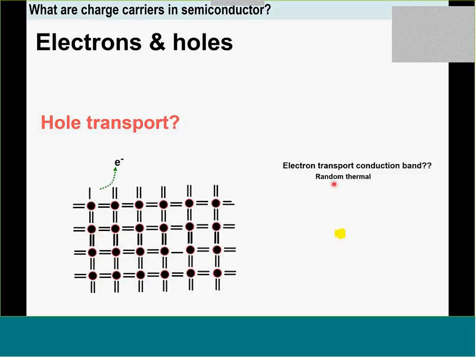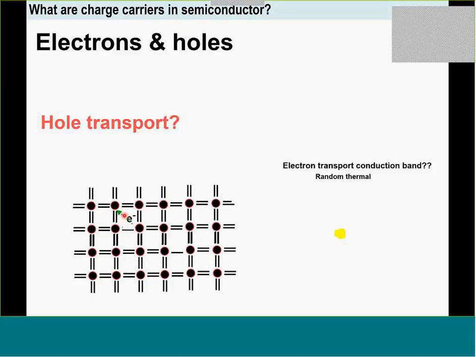So look here. Let's say one electron jumps out from its bonding site, and another electron will take the place of the one that has jumped into the conduction band. You see that the electron moves this way, but the hole moves the other way around. Let's look at it again. The next one.